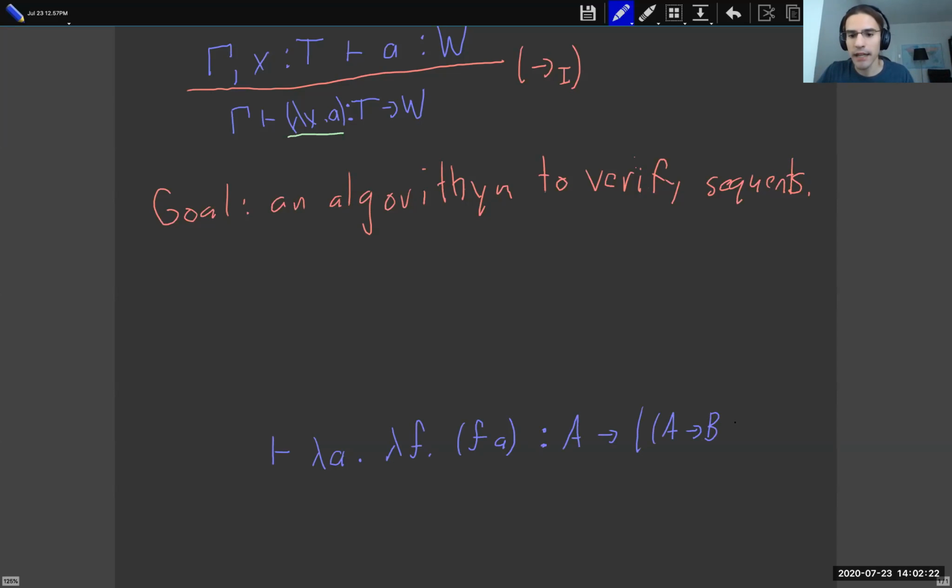Well, A implies (A implies B) implies B in logic. And so I claim that this proposition in logic is a proposition that is provable in an empty context. Provable in an empty context, in logic speak, is to say that the proposition is a tautology.